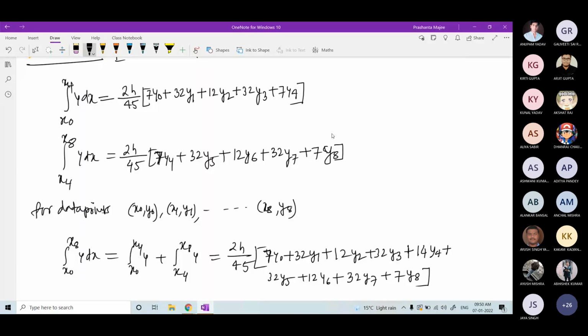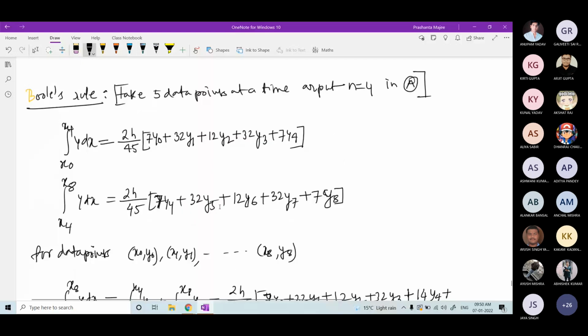Can you tell me up to which degree polynomial we will get the exact value of the integration using Boole's rule?